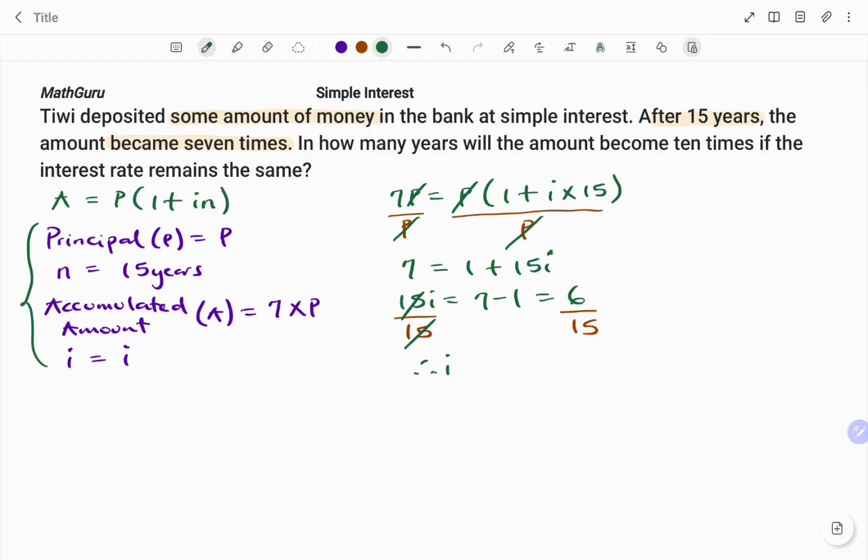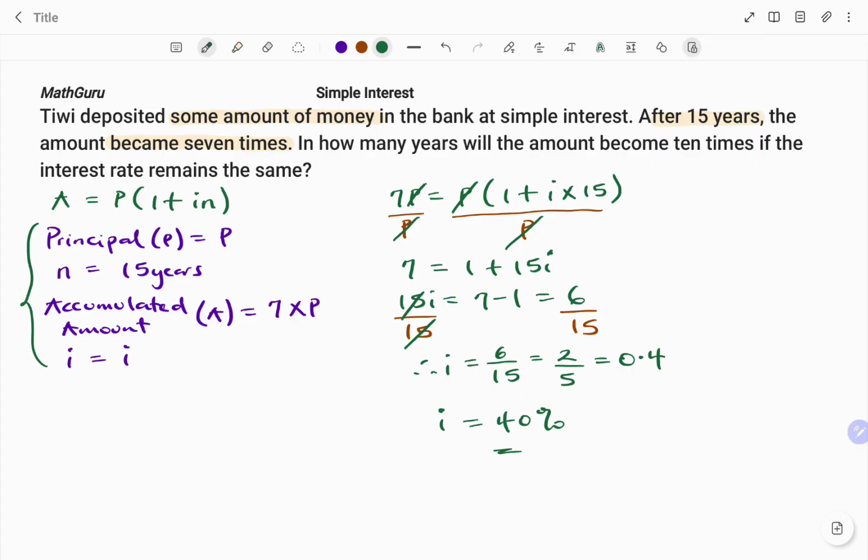Therefore, my interest I equals 6 over 15, which is also equal to, if I simplify further, 2 over 5. Changing that to percentage, I have 2 over 5 equals 0.4. And to change it to percentage, the interest equals 40%. I got 40% by multiplying by 100 in order to change it to percentage.